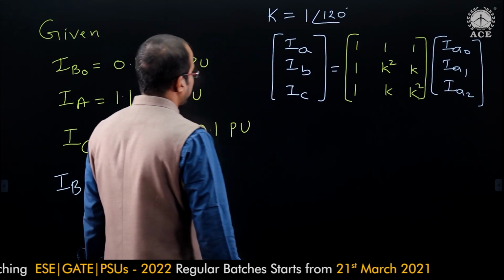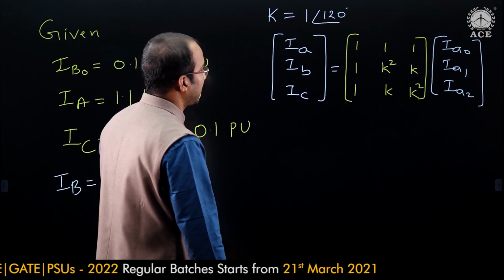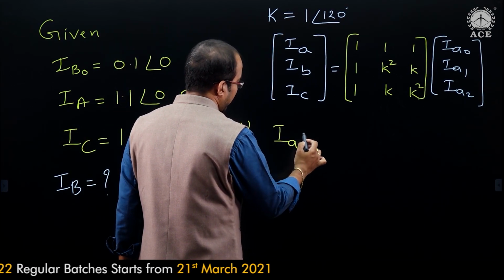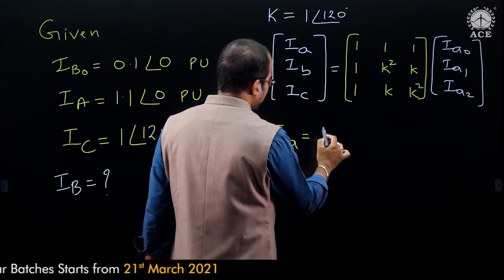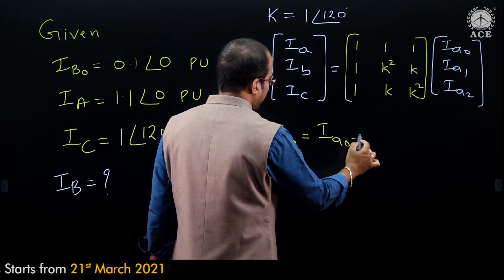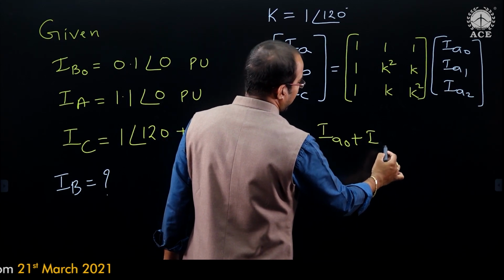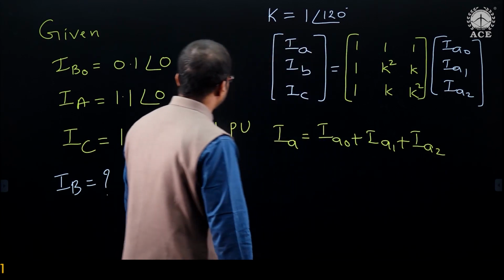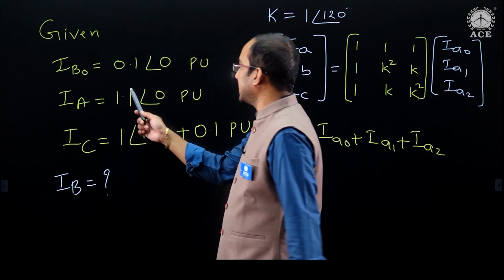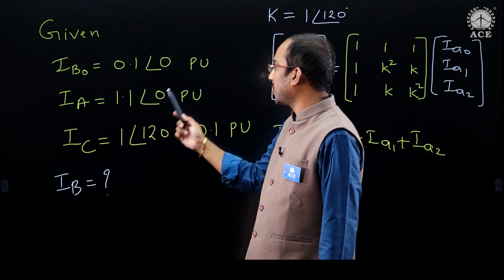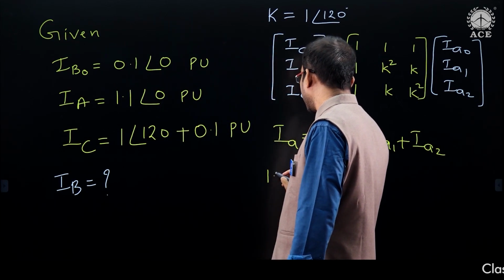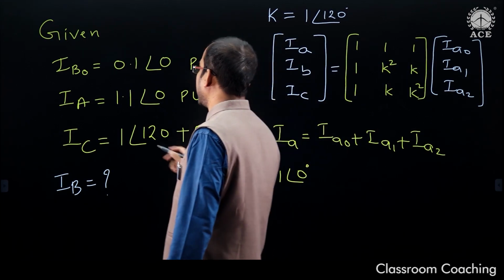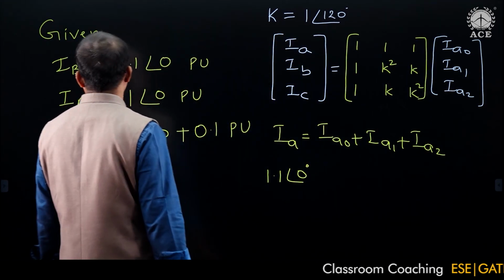Now, let us first write the equation for phase A current. IA is equal to IA naught plus IA1 plus IA2. Here, what are the values given? Phase A current is given as 1.1 at an angle of 0 degrees.